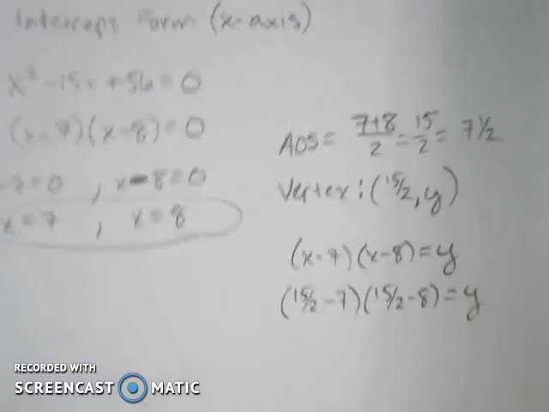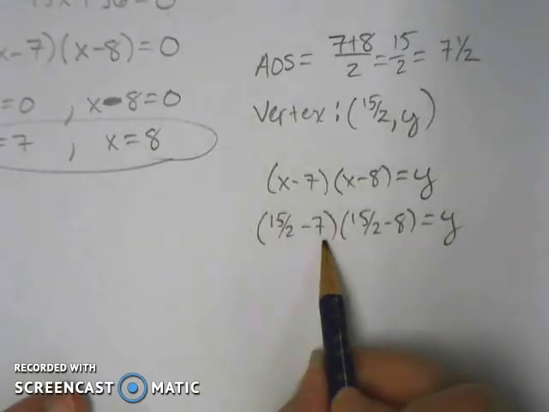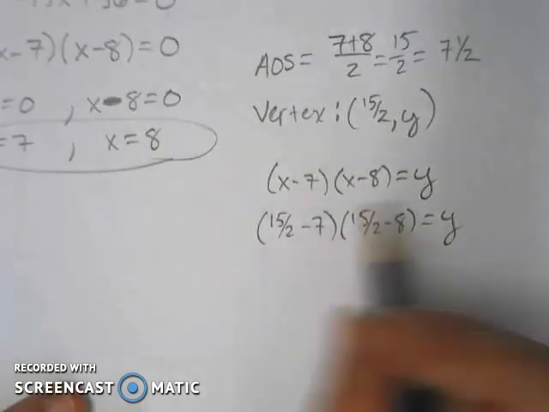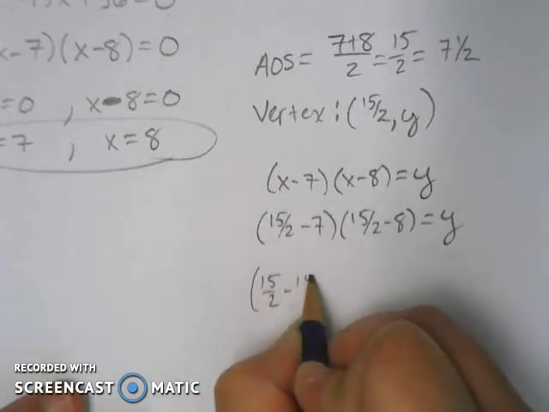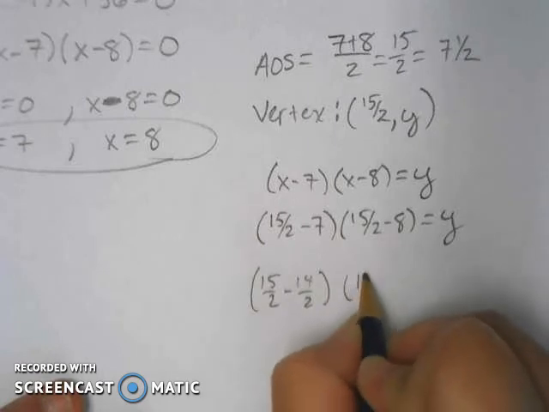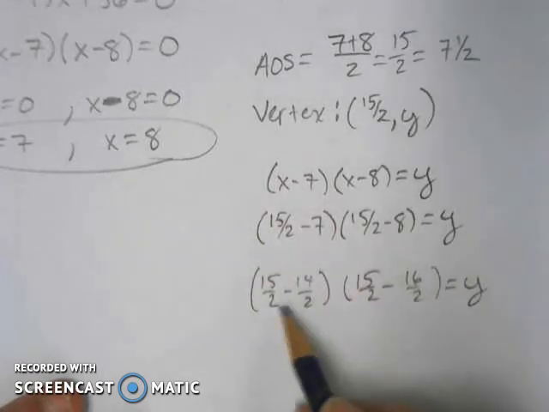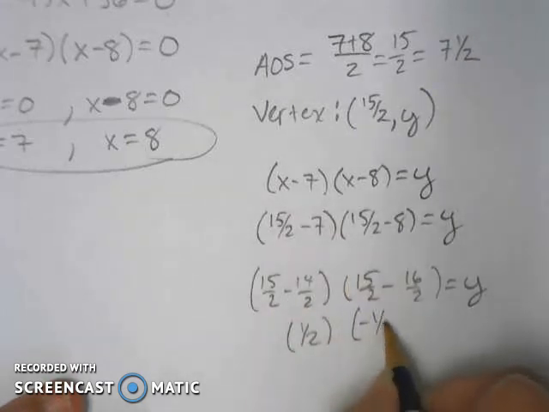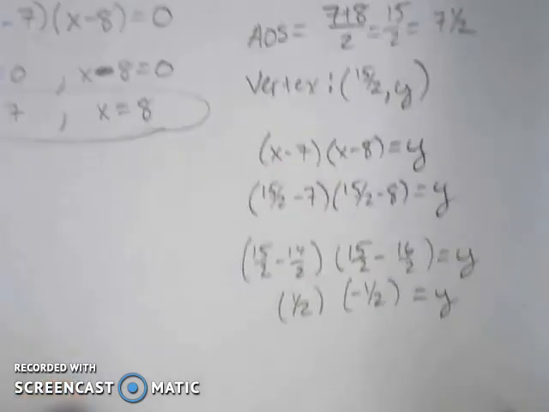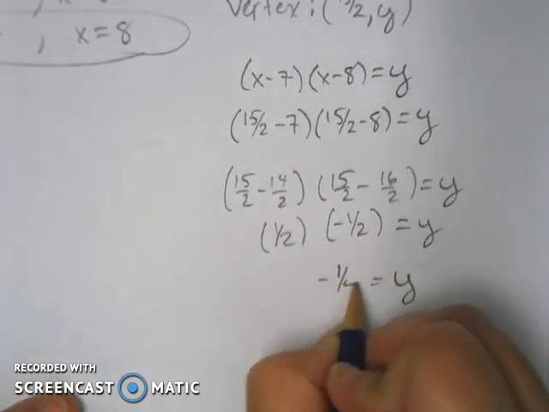Now we have to find a common denominator for each of these binomials. That would be 15 halves minus 14 halves, and then 15 halves minus 16 halves. This one will equal 1/2. This one will equal negative 1/2. And so when we multiply, we get that y equals negative 1/4.